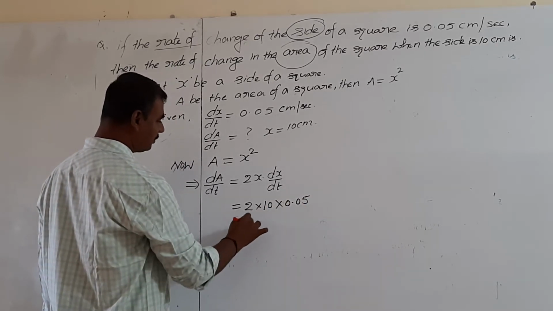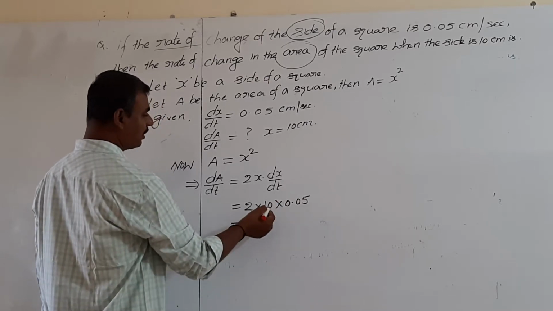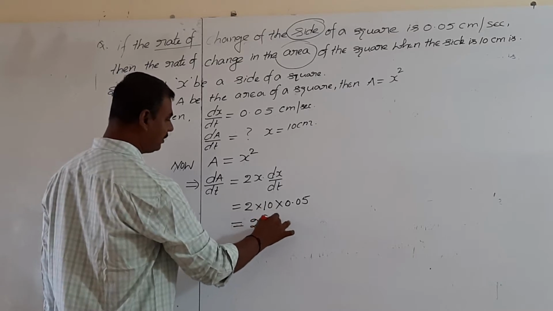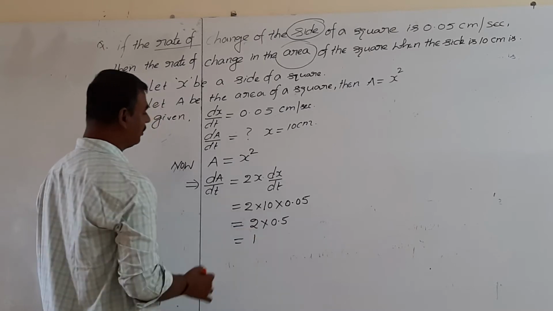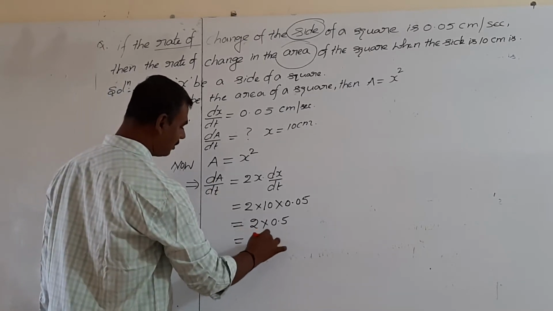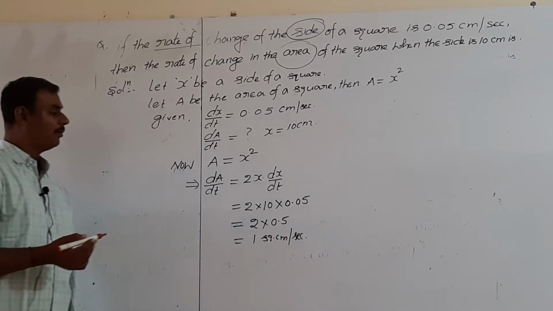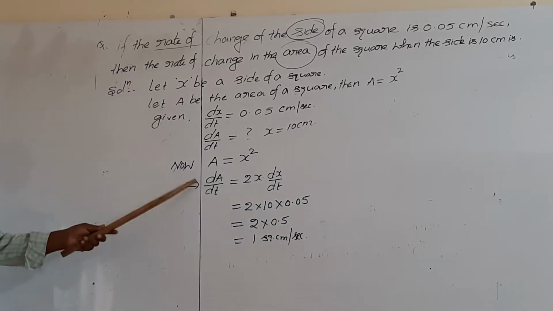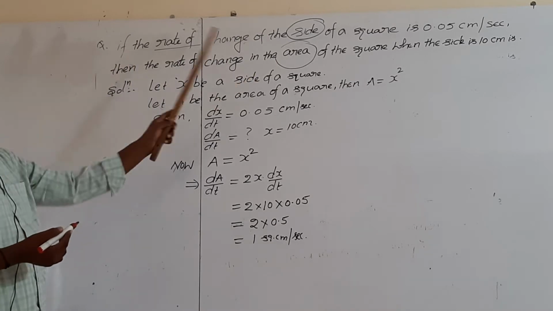This becomes 2 into 0.05 into 10, which is 1. Area is measured in square centimeter per second for dA by dt. So the rate of change in area is 1 square centimeter per second. Did you understand this? I hope you understand this point.